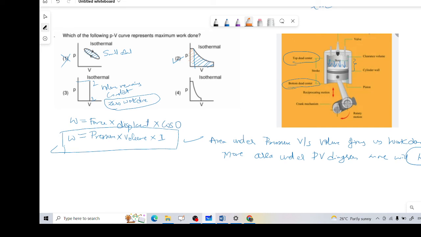This portion is not representing any work done, because even in this case, this is representing the clearance volume. Here the piston does not make any movement. We call it the clearance volume. So this is not utilized for doing any kind of work. So here there will be no work done.